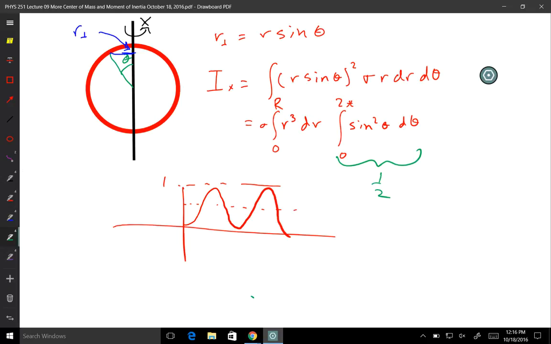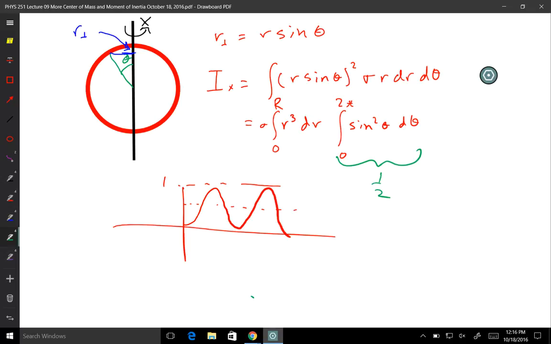Isn't it nice to be able to use your brain? You would have been using your brain if you had done the integral of sine squared. I mean, you could have done integration by parts. There's a few annoying ways of doing it, but that's the easiest.